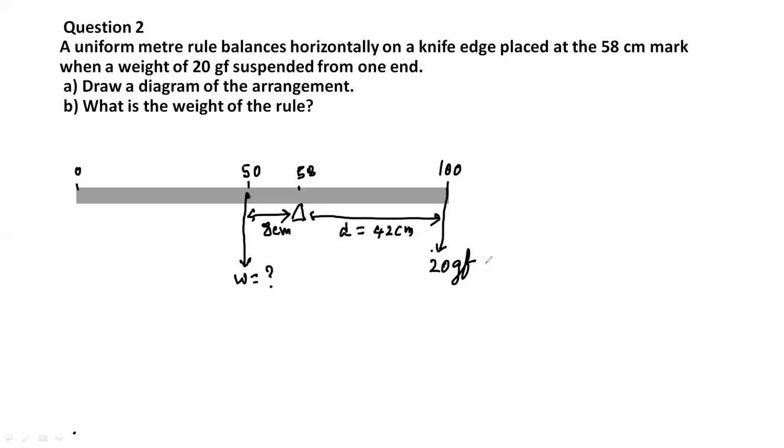Okay. So the moment of force due to the force 20 gf and force W. As you can see, one is a clockwise moment and the other one is an anti-clockwise moment. Now, what does the principle of moments say?